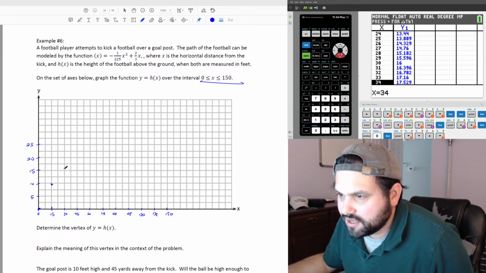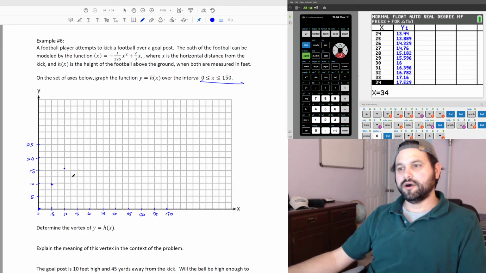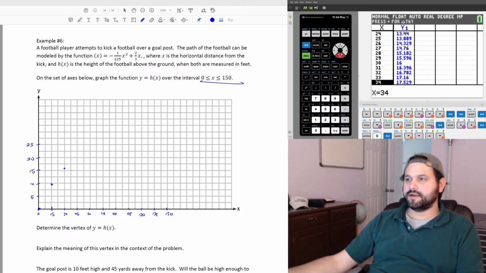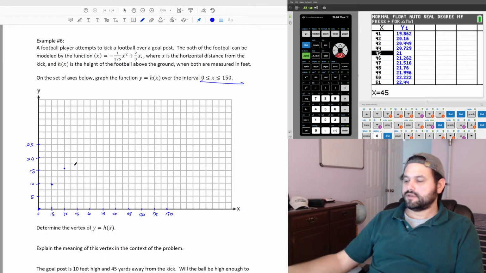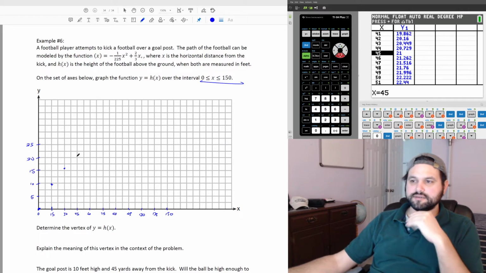Based on the y values, I probably could have made my y scale a little bit better. I could have maybe gone by 3s or something. I don't know. We'll see if that pattern continues. Probably does, since it's symmetric. 45 and 21. So yeah, if you went by 3s on the y-axis, this would have been a lot easier, a lot more accurate of a graph.